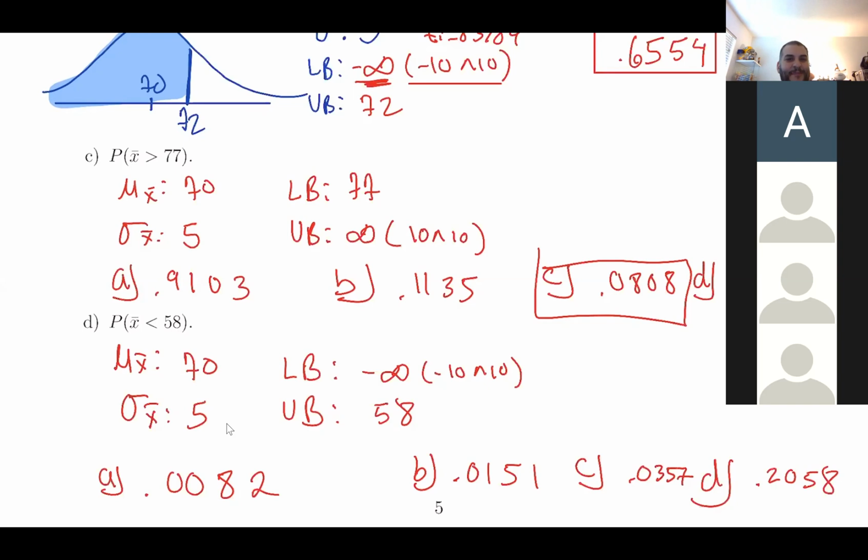So I recommend people do the shading, because the shading does help you, especially with class calc. The good thing about class calc is it gives you the drawing. So if your drawing doesn't match up with the class calc drawing, then you know something is wrong, because they should be pretty identical.